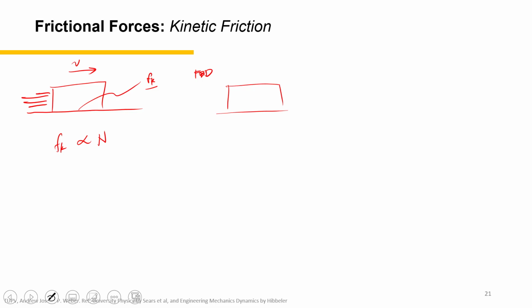First we have the weight that acts on its center of mass. That is the action force. Since our object is static, there must be a reaction force that counteracts that weight. We call this force the normal force because it is perpendicular to the surface.